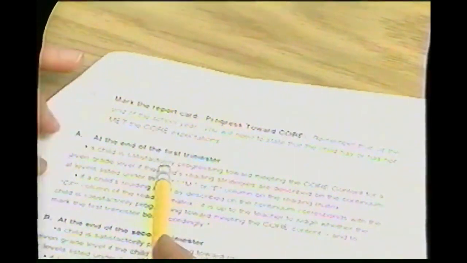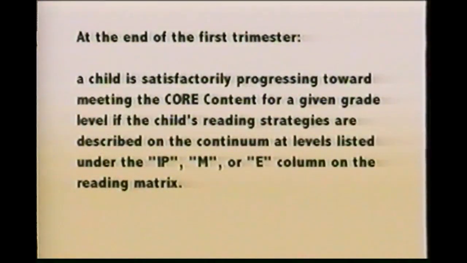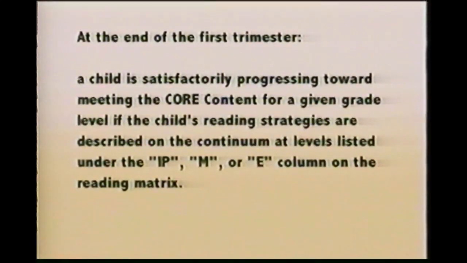At the end of the first trimester, a child is satisfactorily progressing toward meeting the core content for a given grade level if the child's reading strategies are described on the continuum at levels listed under the IP, M, or E column on the reading matrix.